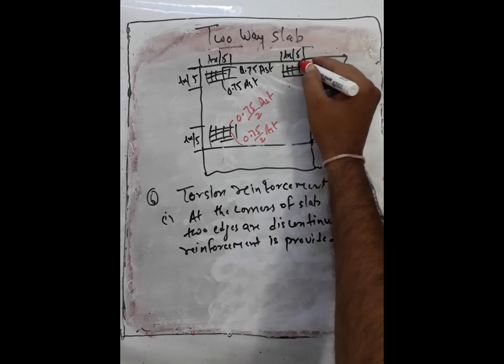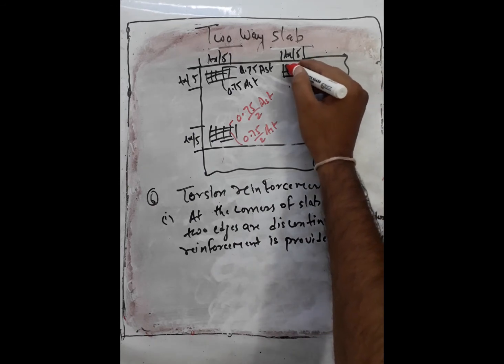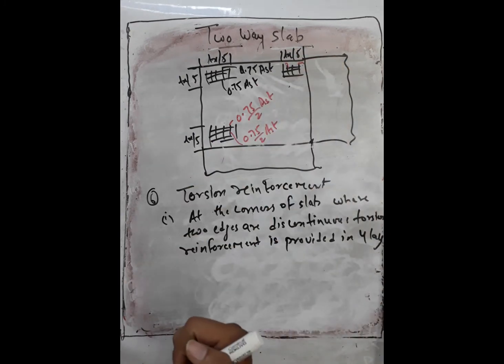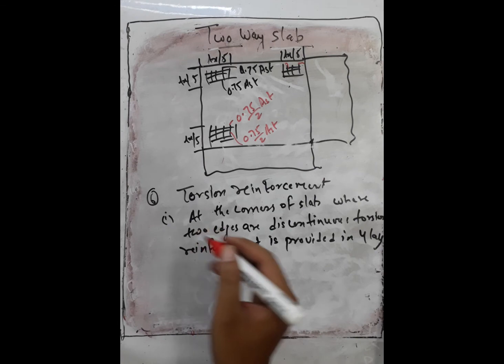Here we take 0.75 for the longitudinal bar and 0.75 for the transverse bar. So in this way we have provided the torsion reinforcement in 4 layers.